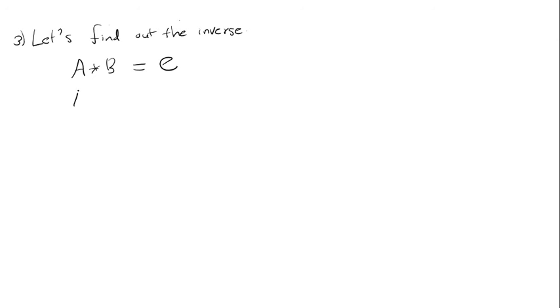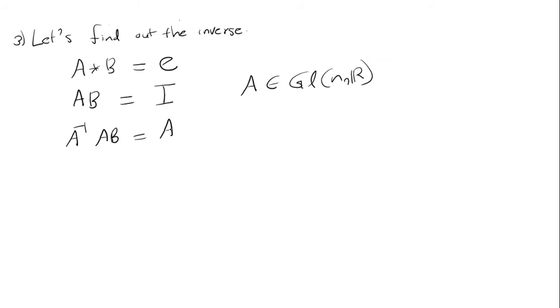And since star is usual matrix multiplication, I can write this in this form, and this is identity. Now I already know that A belongs to GL_n(R). Therefore I can do this operation.